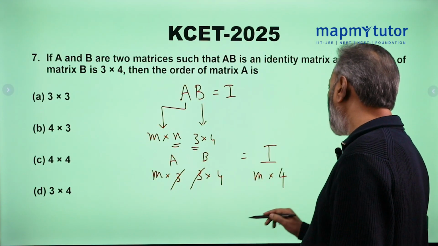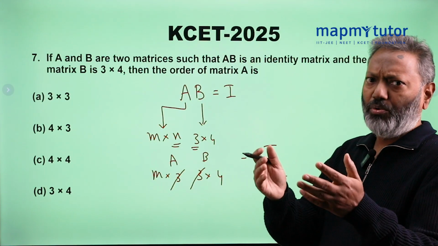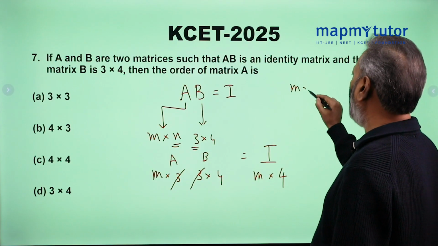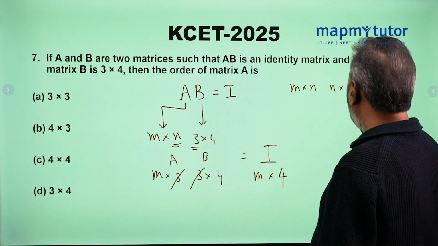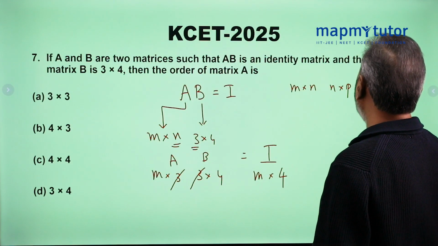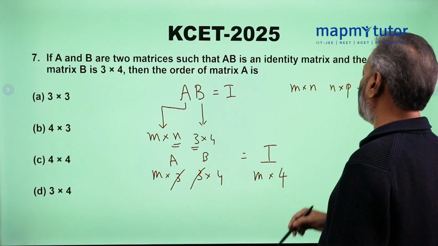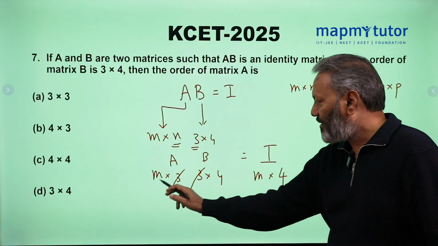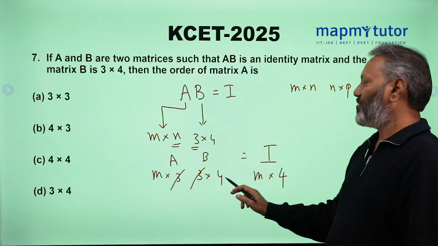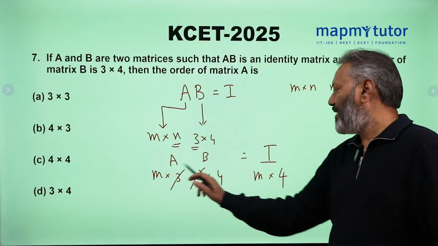Therefore, it is M cross 4. There is a rule: if A is M cross N matrix and B is N cross P matrix, their product will be M cross P matrix. Accordingly, if A is M cross 3 and B is 3 cross 4, their product is M cross 4.